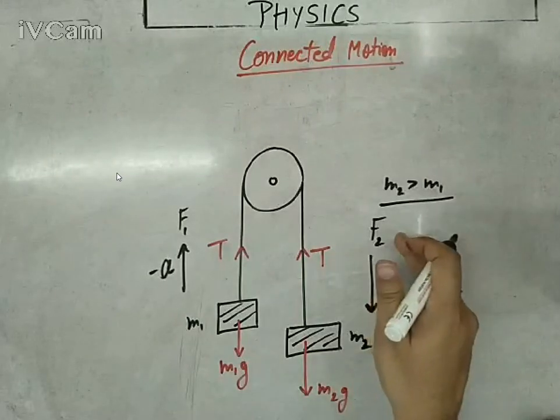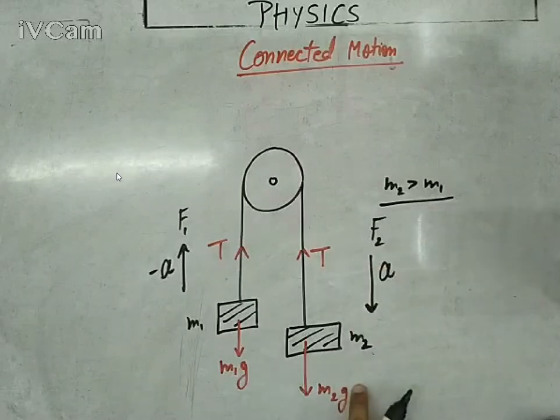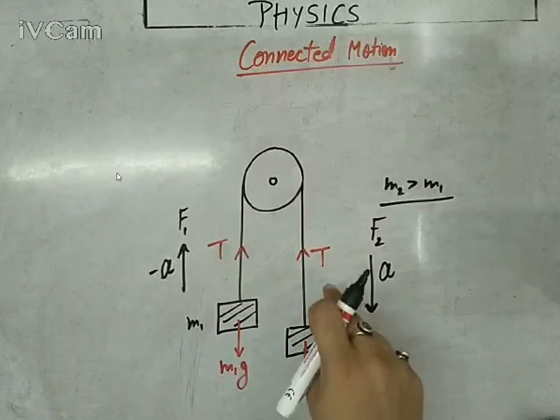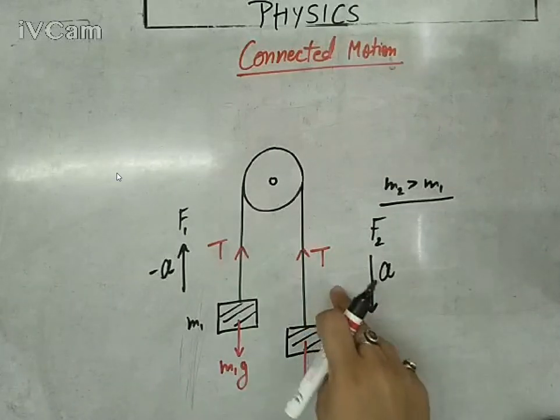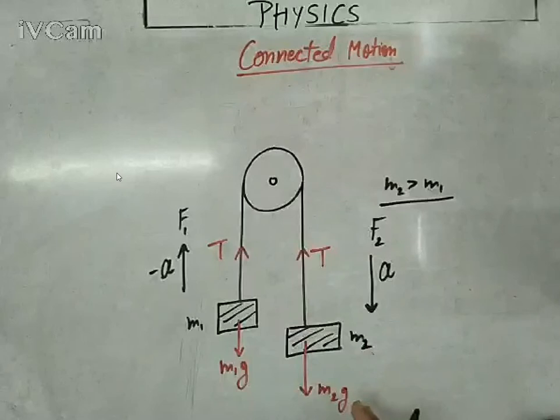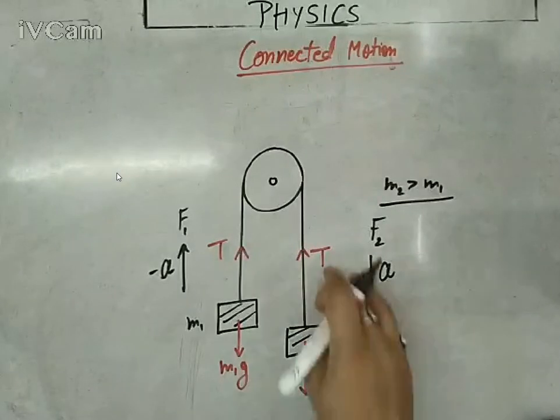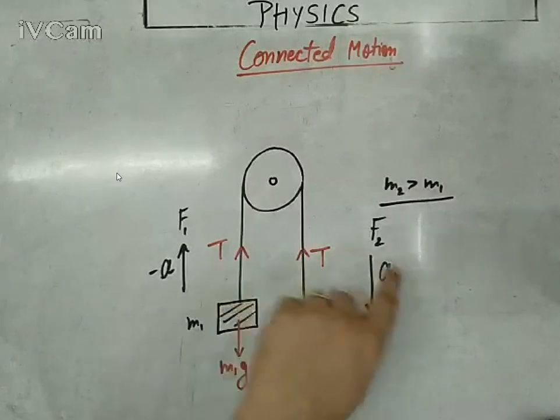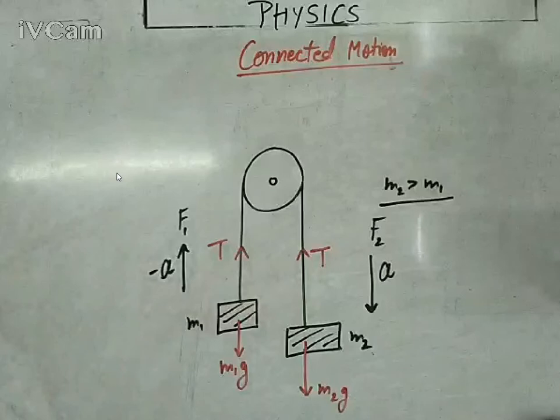According to us the net force is F2, but according to the given free body diagram, the resultant force is m2g minus T, because the downward force is m2g and the opposite force is T. Since the whole body is moving in a downward direction, definitely m2g is greater than T. So according to the given situation the resultant is m2g minus T, but according to us it is F2. So we can simply make the equations.